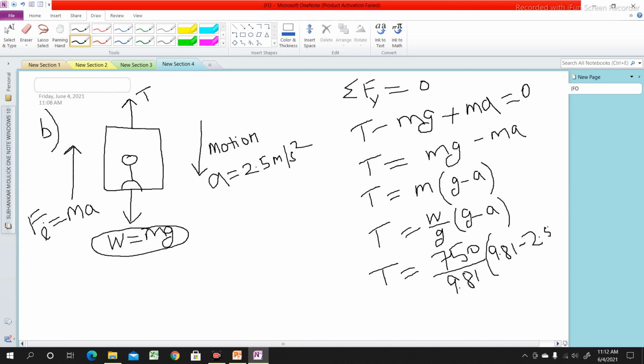If you solve this expression, you will get the value of tension in the cable supporting the lift, or the pressure that the man exerts on the floor of the lift. So the tension T, how much is it coming? It is coming out to be near about equal to 558.86 Newton.